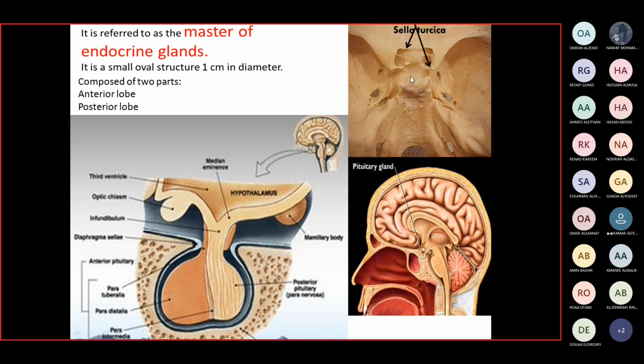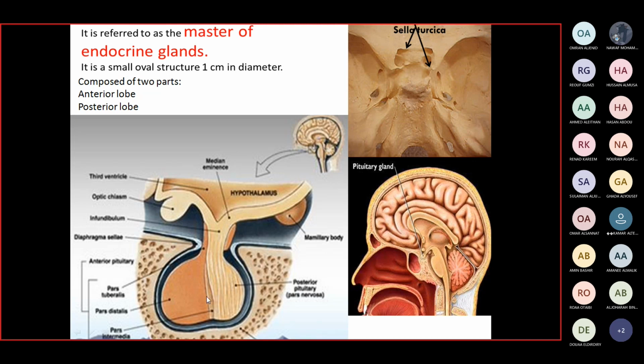As you mentioned, the pituitary gland is located in the sella turcica, which is a part of the sphenoid bone, the curved part of the sphenoid bone. This sella turcica is located in this area, a curved area in the sphenoid bone.